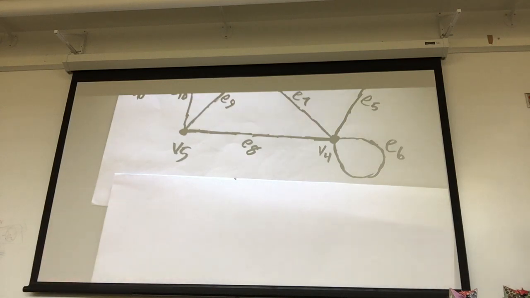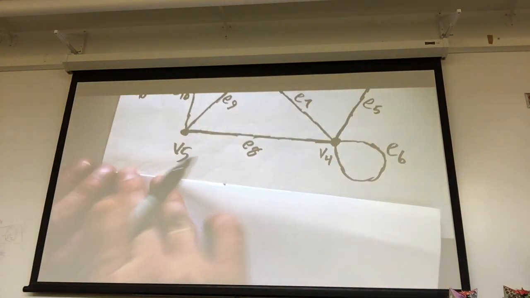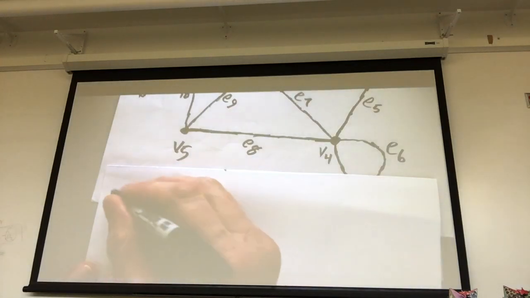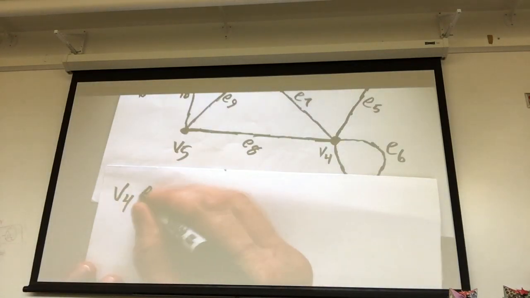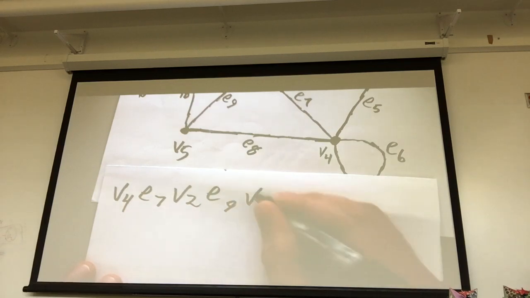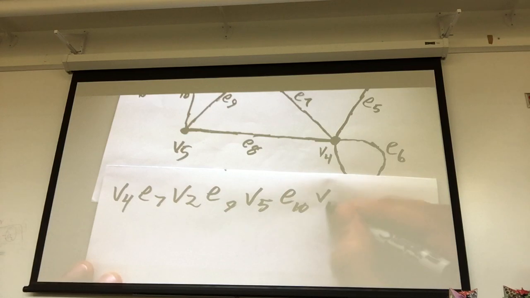Let's say we did V4, V7, V2, E9, V5, E10, V1, E3, V2, E9, V5.